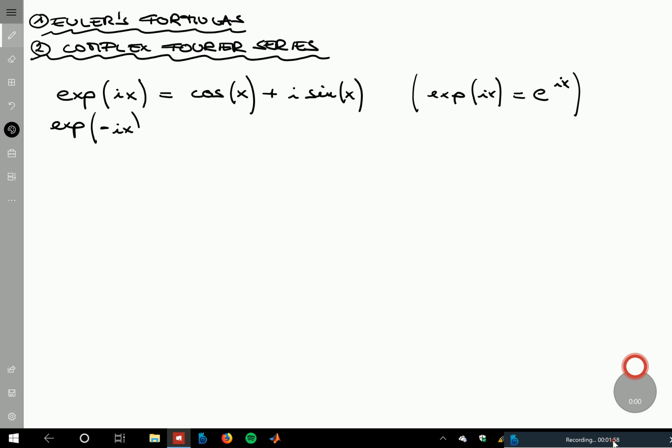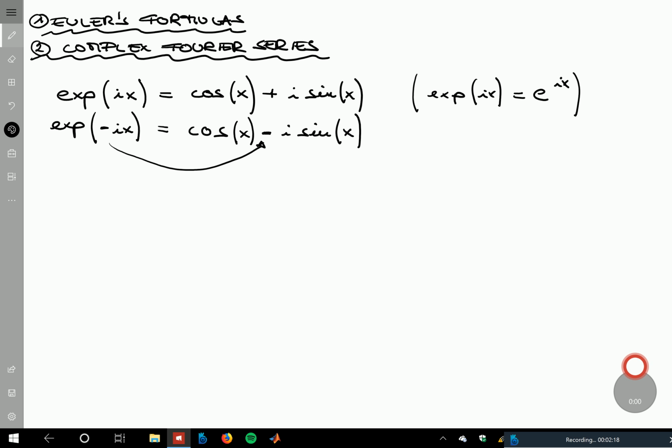Now if you multiply i with -1, so you put a -1 in front of the i, then what happens here is that the sign changes. So you just have a -1 in front of the i, which then you also have on the right hand side.